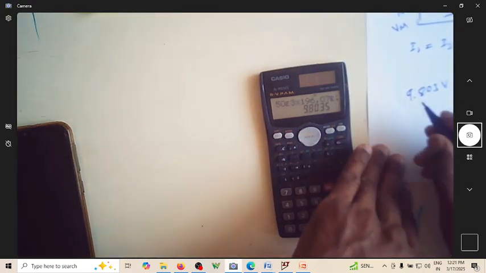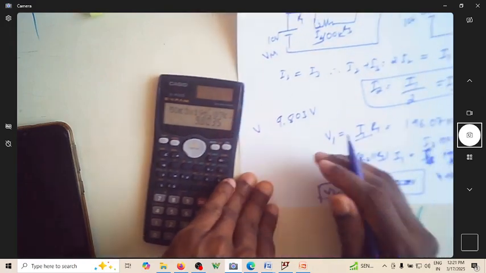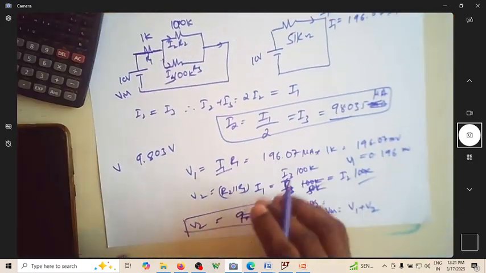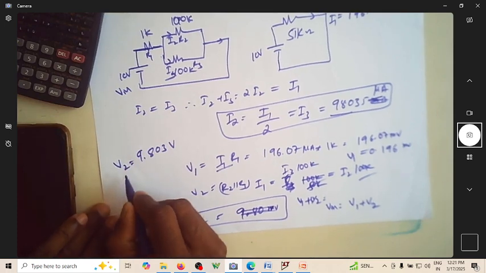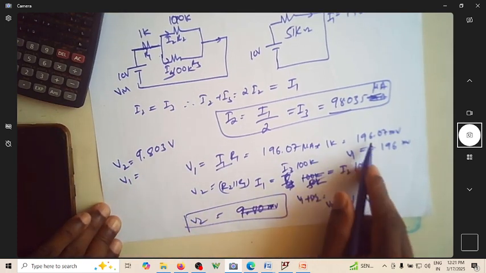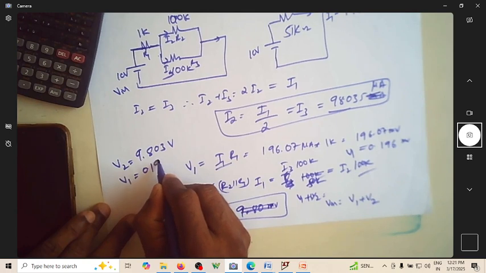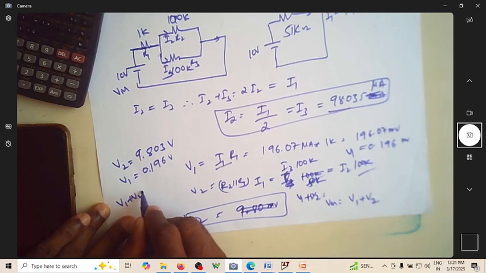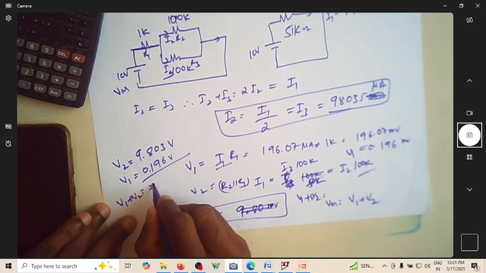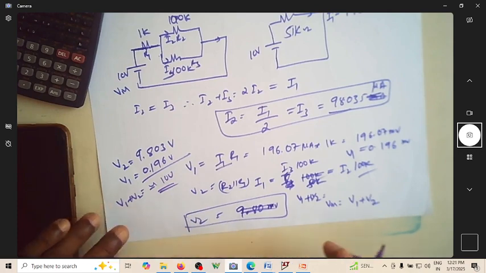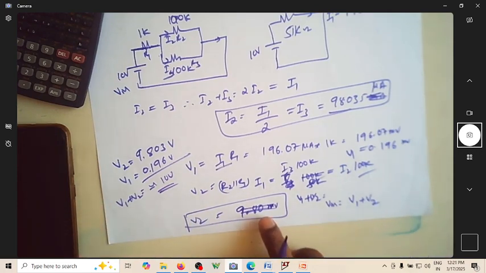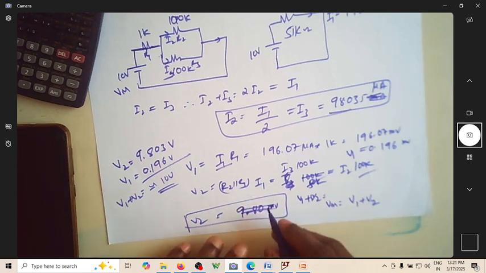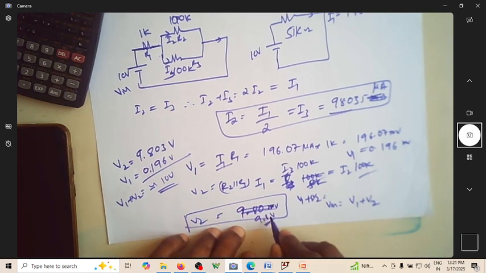This is what V2 is. V2 is this much. How much is V1? V1 is 0.196 volt. So V1 plus V2 is equal to the input. If you add, it is approximately equal to 10. So this is not millivolts, this is 9.8 volt.